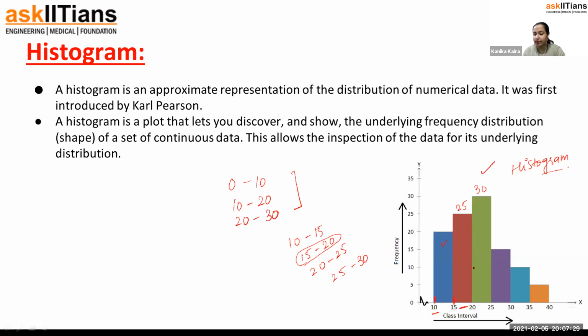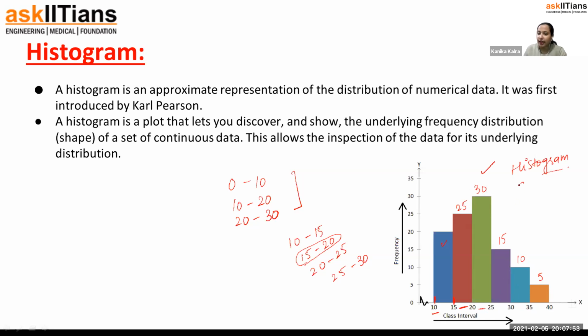So the frequency is 30. All the 30 frequencies which lie between 20 to 25 lie in this bar. Similarly, the next one gives you the frequency of 15, and for the interval 30 to 35, the frequency is given to you as 10, and interval 35 to 40 gives you a frequency of 5.